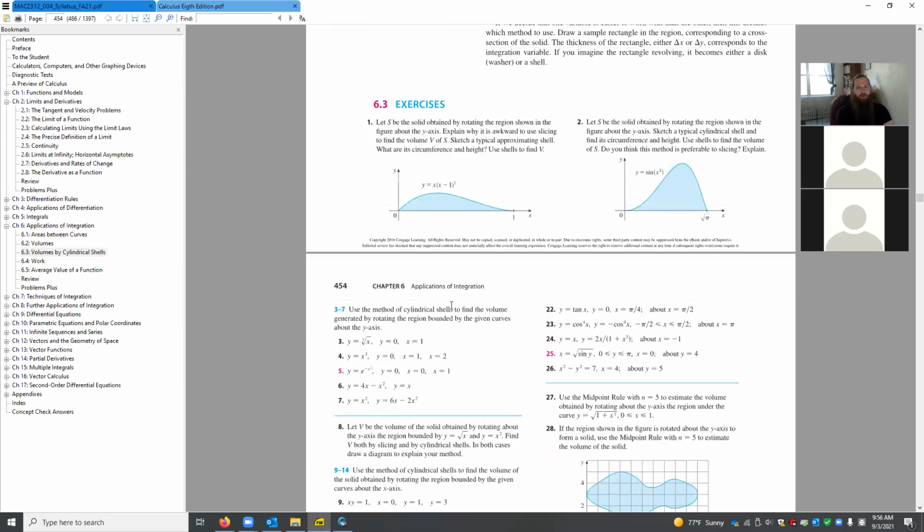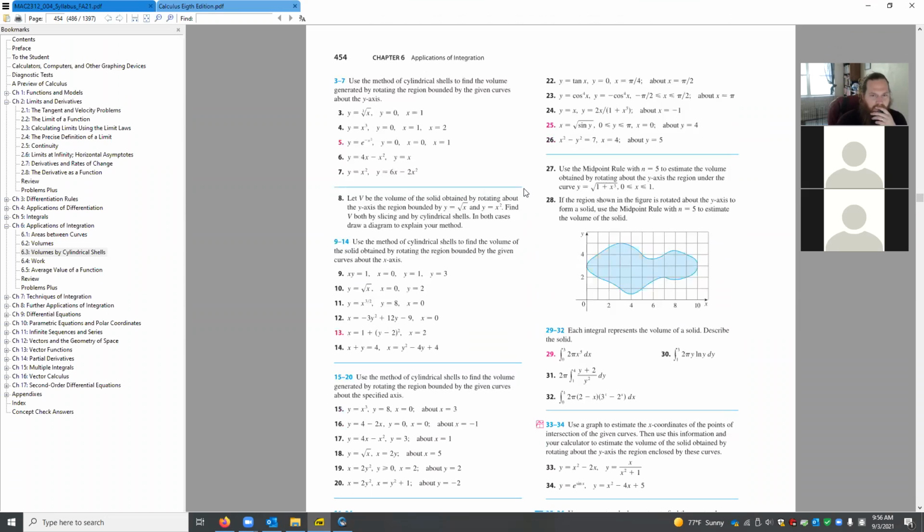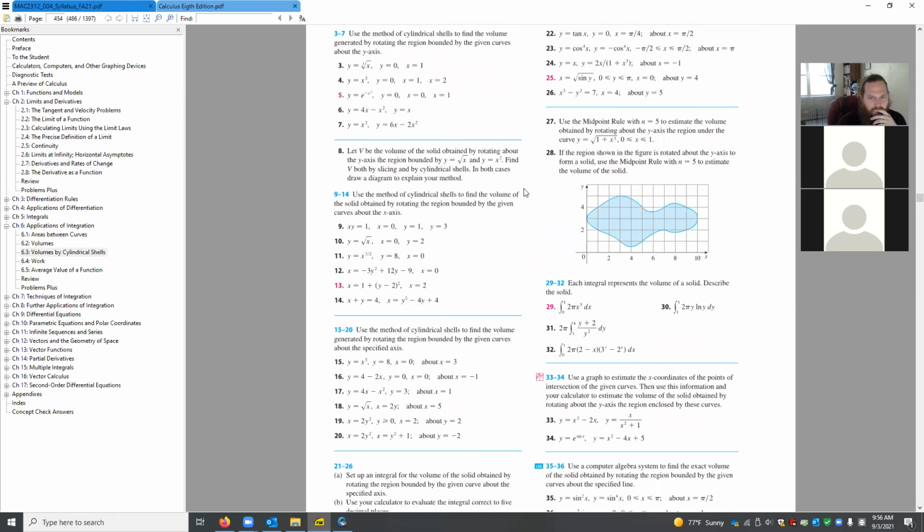Let's do the sine of root x, or sine of x squared. Well, actually, I'd like my axis of rotation to be something that's a bit weirder. What was this about y equals 4? Let's do 25. So we're going to find the volume of the solid.